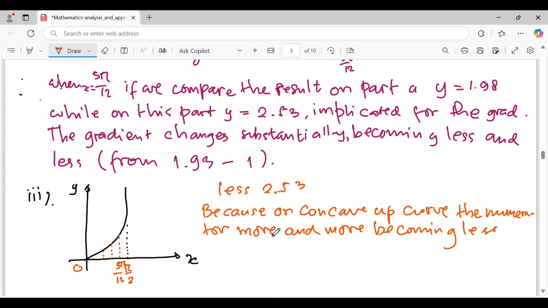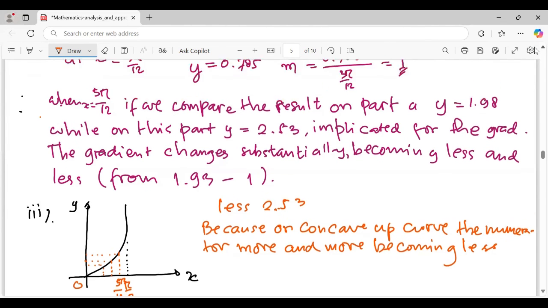If y becomes less, it means the values of the gradient also will be less. Okay, I think this is clear if you compare the numerator.